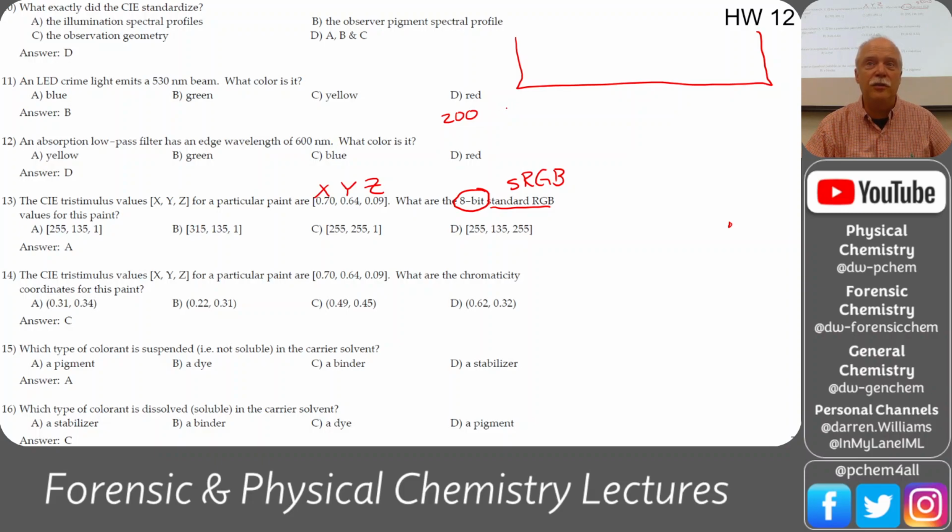So it's longer than 200. 350? 400. Yeah, it's 350 to 400, but probably 400 is a good number to remember. So we'll say 400. It's a nice round number. So we'll say 400 is the blue cutoff of the electromagnetic spectrum.